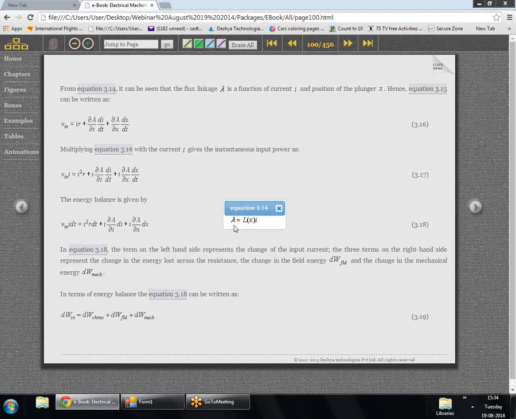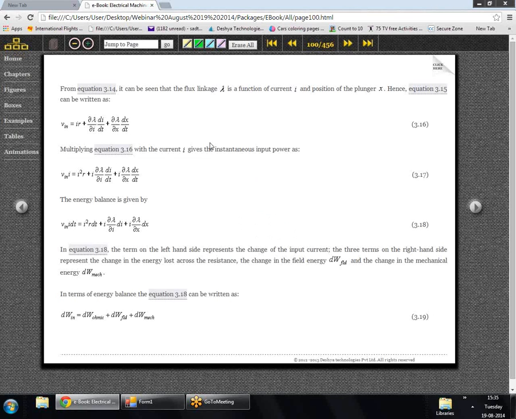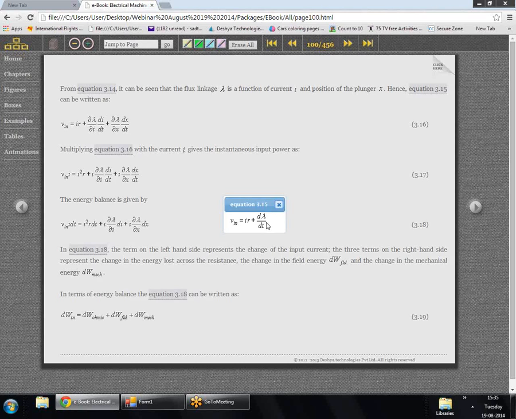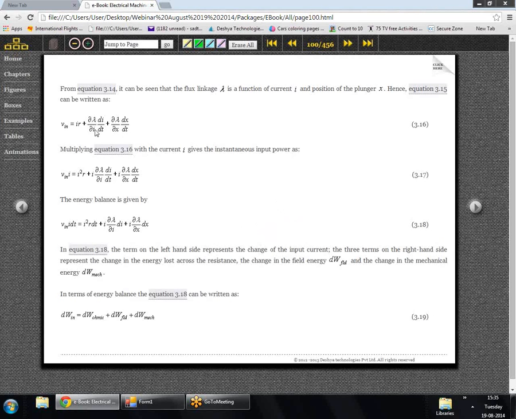So I have equation 3.14 for you on the screen. The lambda was a function of x, the position of the plunger, and the current I. Now what I do is break down the quantity d lambda by dt given in equation 3.15 into two parts.